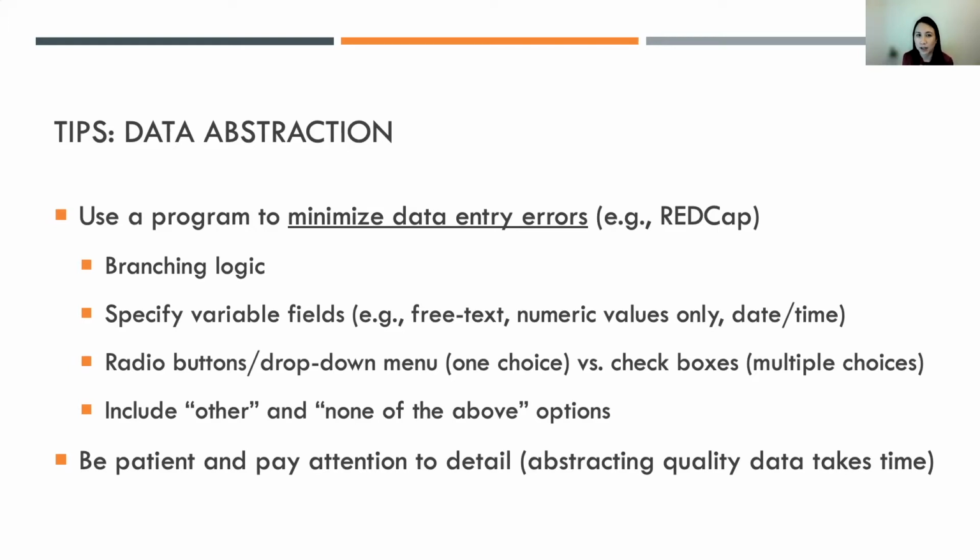A good example is comorbid medical history. A younger patient probably doesn't have any chronic conditions, so you want to make sure there's a "none of the above" option at the end so that you can check that off. Otherwise, when you're exporting the data, it might look like that variable was skipped for that patient when in fact it was supposed to be none of the above.